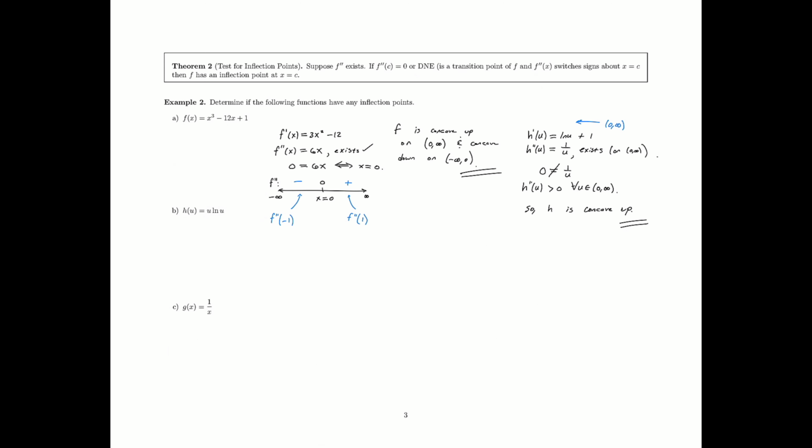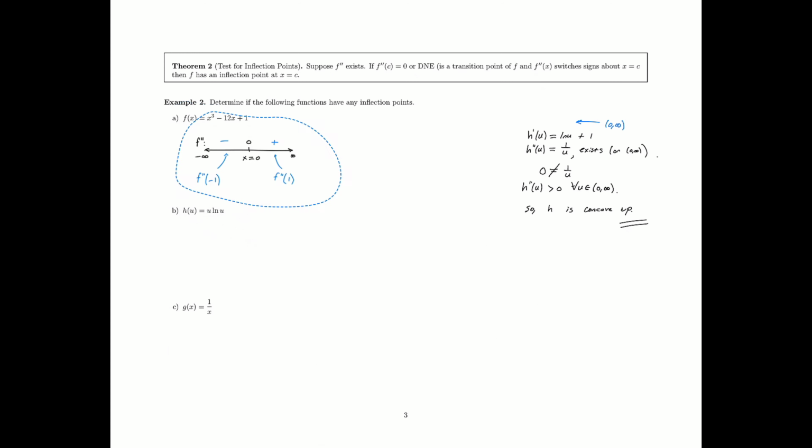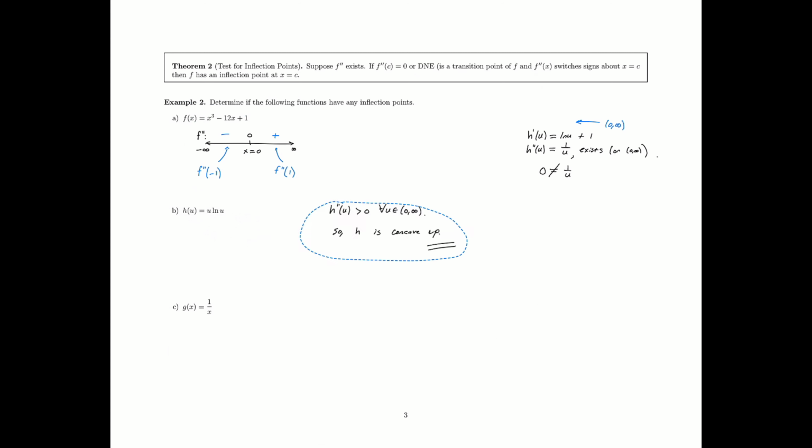So what do we know about this? Here's our sine graph for this second derivative. And then here we've got not a sine graph, but we essentially know this about h.